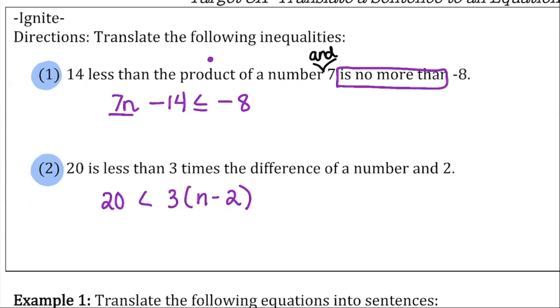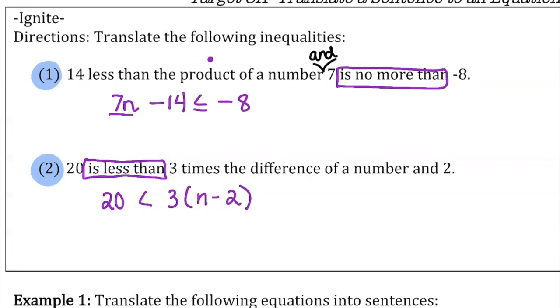On number 2, it says 20 is less than. Remember, the is always lets you know what kind of symbol we have. If it was just an is, that would be our equal sign, but it says is less than. So we're going to use our less than symbol. So 20 is less than builds the left side of our equation for us. On the other side, we have our inequality.